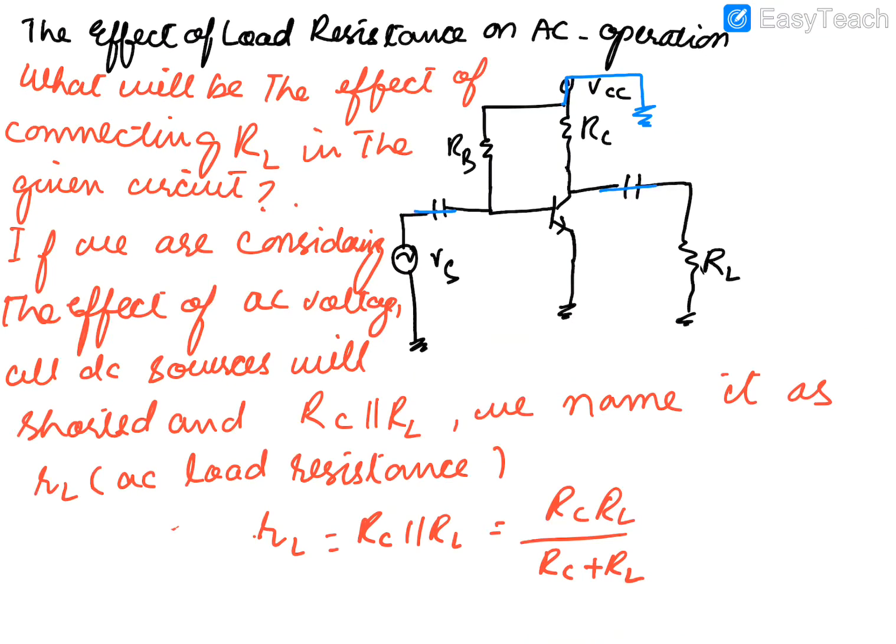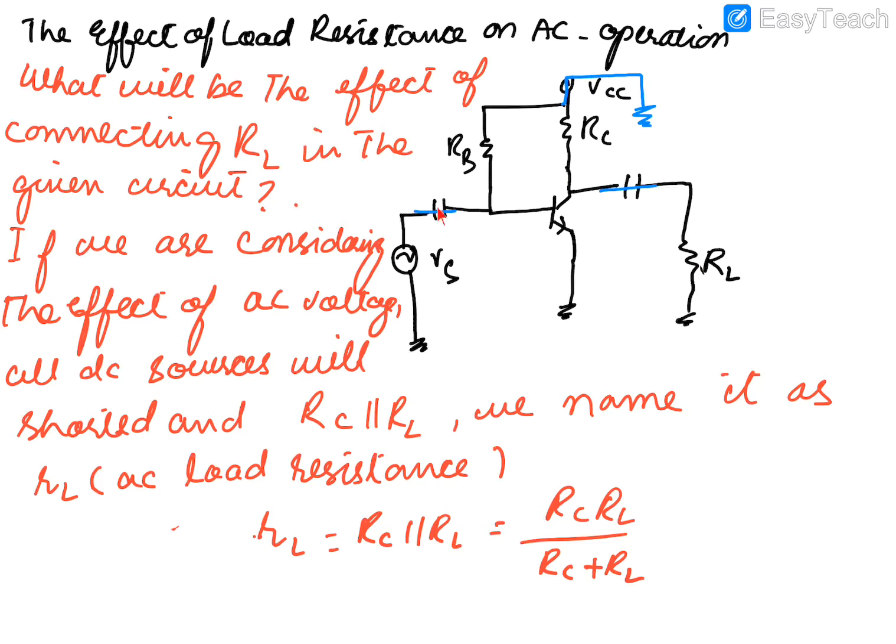Next, what is the effect of load resistance on AC operation? As you have seen, in an amplifier we connect a load across the output with a capacitor. So what is the effect of connecting RL in the circuit? When you connect RL, the load line does not depend upon the value of RC only.